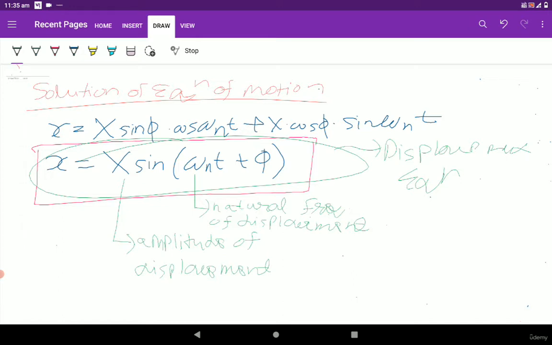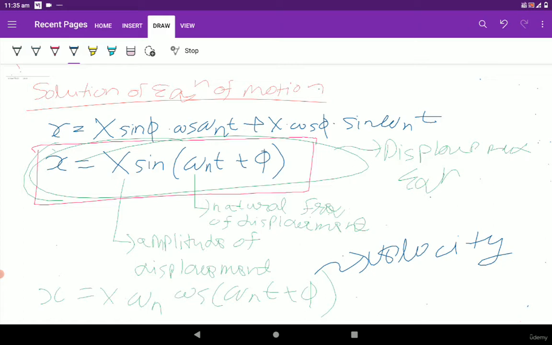In order to obtain the velocity equation, just differentiate this equation. We get x dot equal to capital X omega n cos of omega n t plus phi. This is the velocity equation, obtained by differentiating the displacement equation.